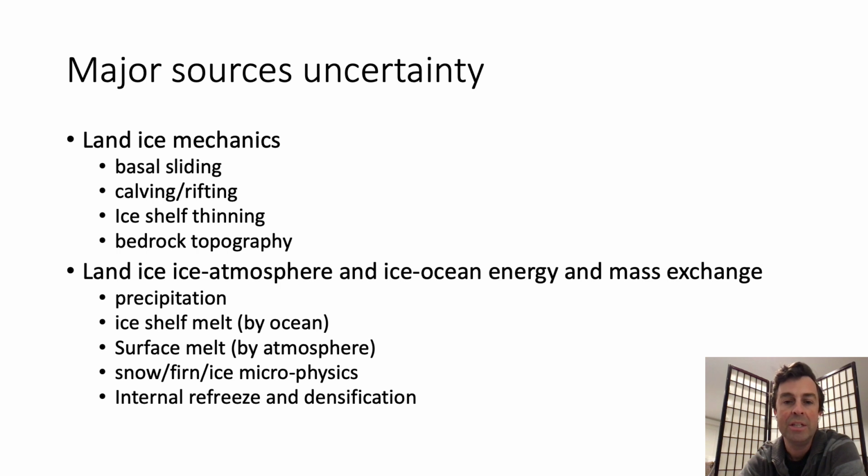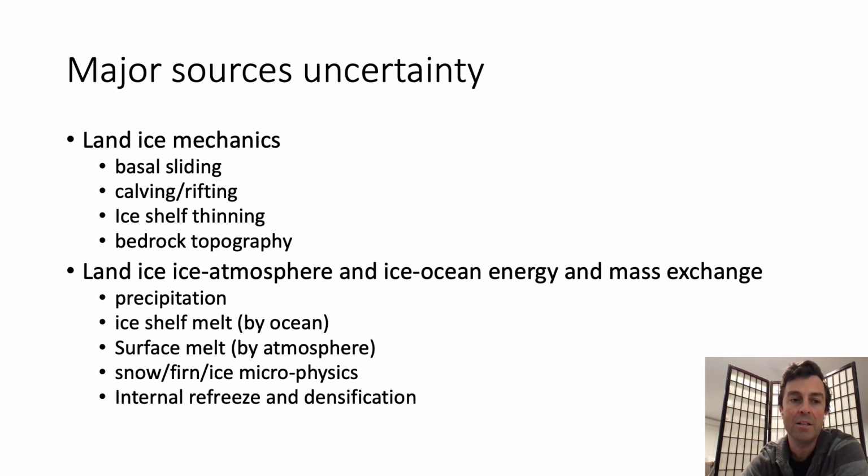The uncertainty in ice sheet change into the future really stems from an incomplete understanding of key processes. Those key processes include land ice mechanics, so basal sliding, what is the relation between basal friction and subglacial water pressure or subglacial hydrology, calving and rifting and its relation to ice shelf stability, ice shelf thinning and its relation to ice shelf buttressing, and then bedrock topography.